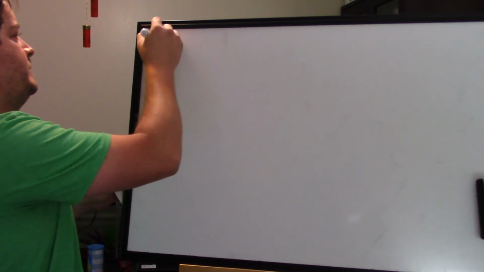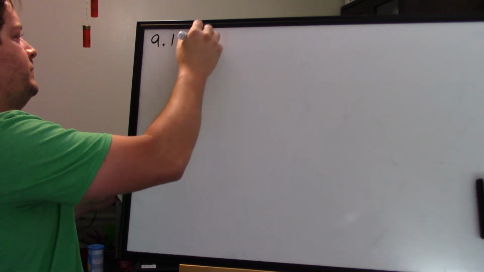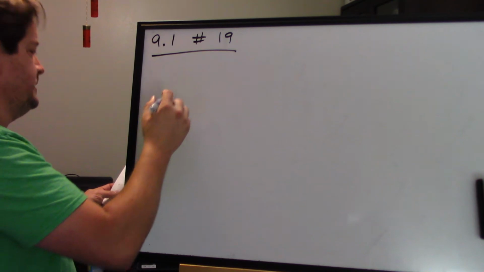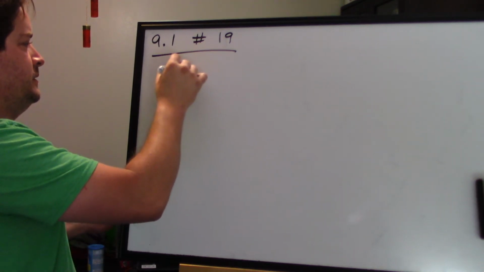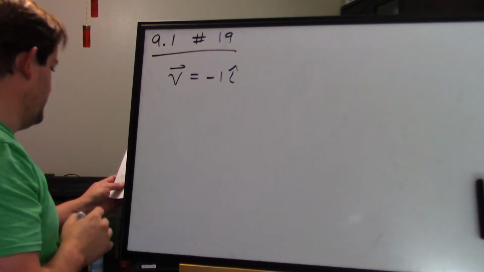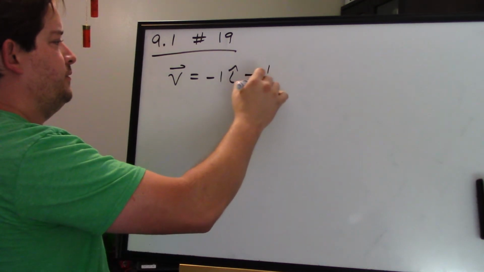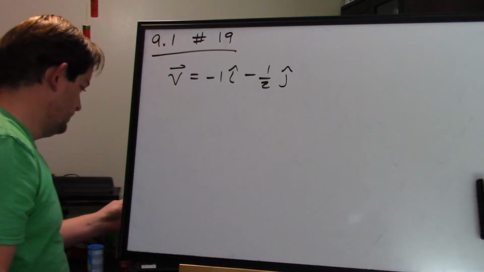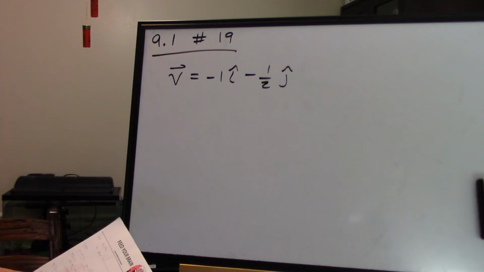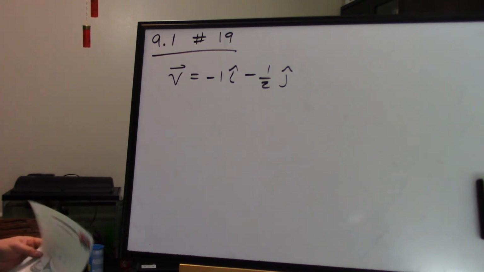Okay. That was 18, right? Let's take a look at 19. It gives us a vector v that is -1 i hat and -1/2 j hat, and we're asked to find the angle again.